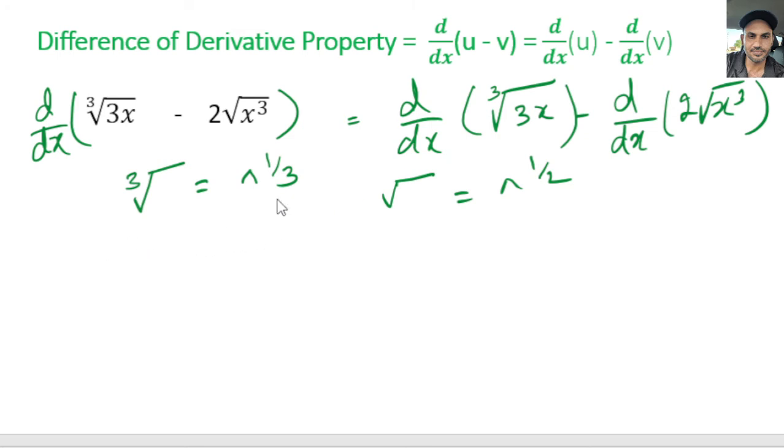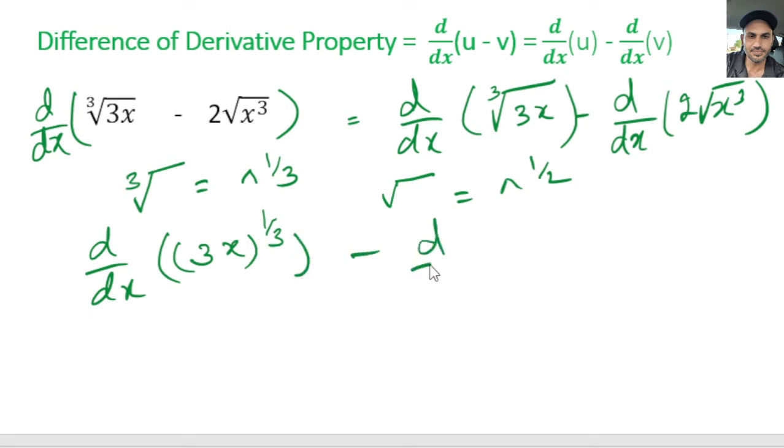So let's rewrite the expression: d over dx of (3x) to the 1/3 minus d over dx of 2 (x to the 3) to the 1/2. Okay, now let's simplify it further.